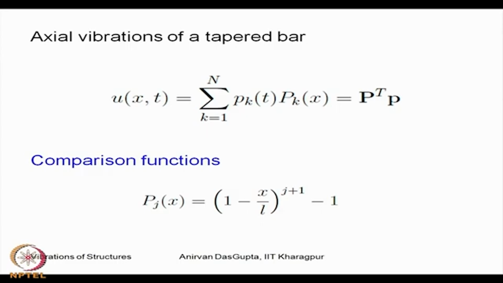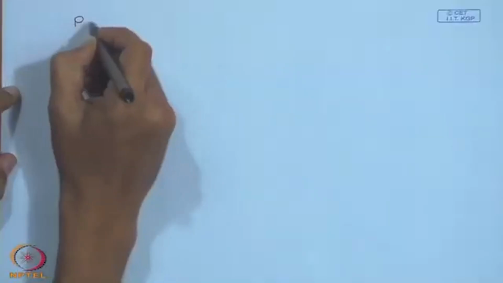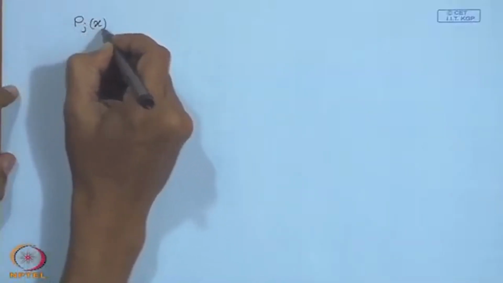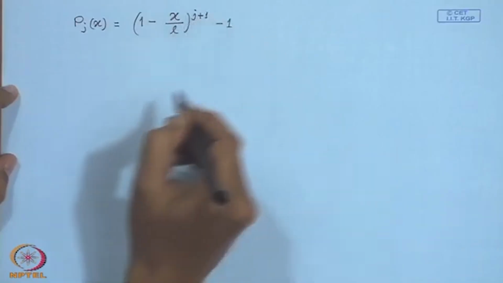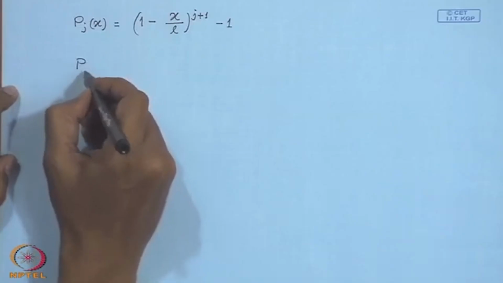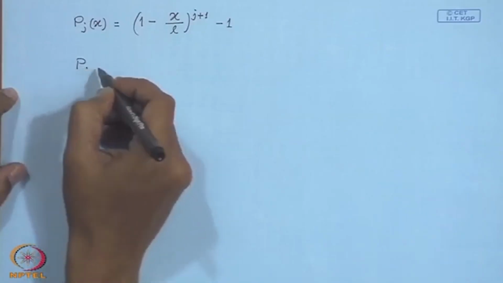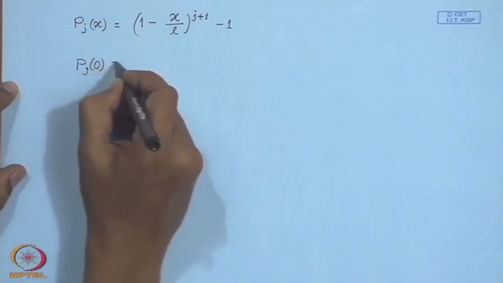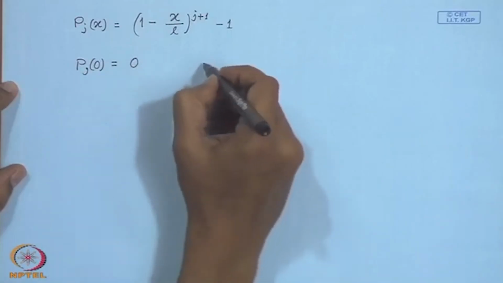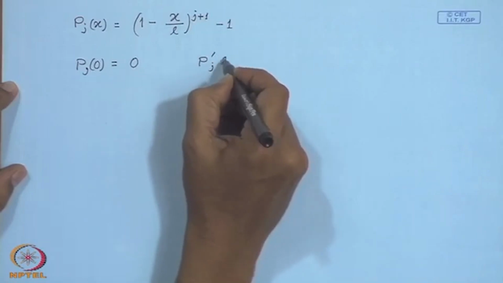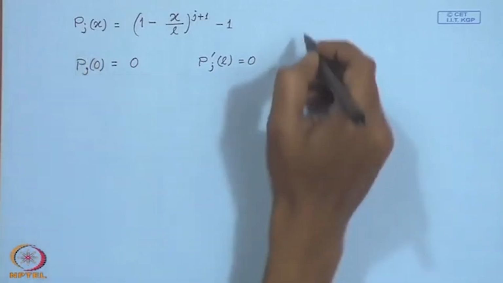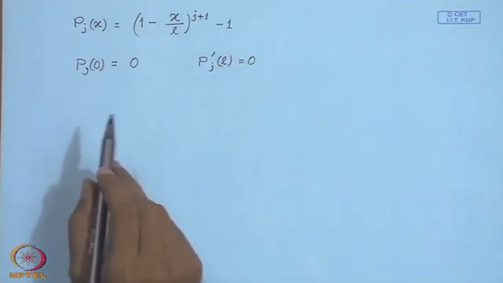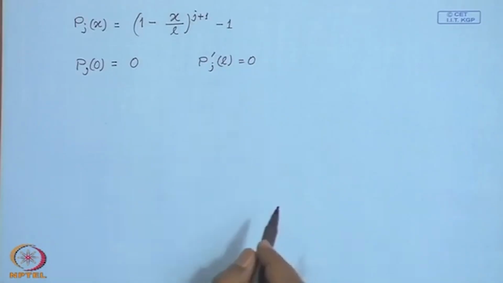You can check very easily that p j of x, so you can check, these functions satisfy the geometric boundary condition as well as the natural boundary condition at the right end.